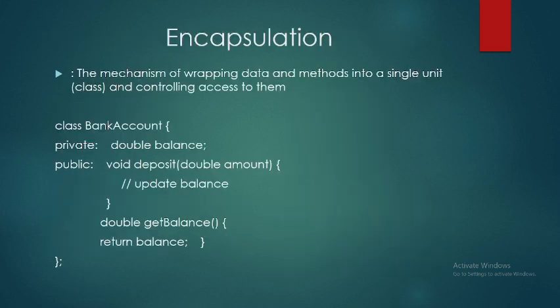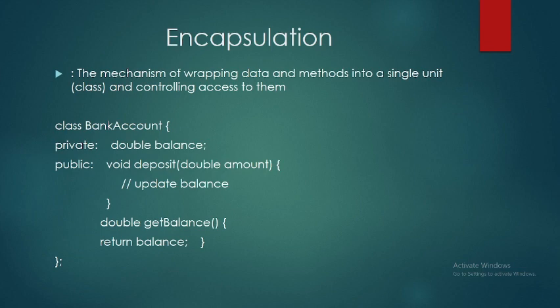Then comes data encapsulation. Within the word itself, you have the meaning: encapsulate. Here, it is the process of wrapping up data and methods into a single unit called a class and controlling their access. So, this increases data security and prevents data from being accessed from outside the class.